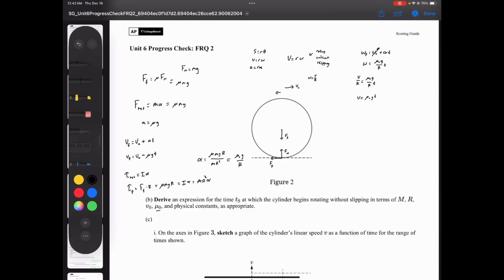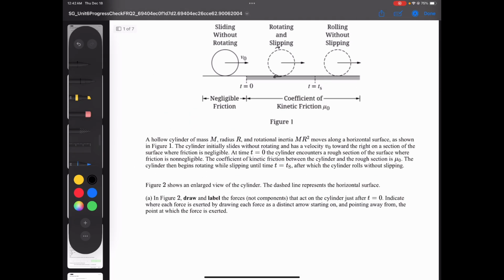But I also have another expression for v, my expression for v as a function of time. Because ultimately what we're trying to do is find the time it takes for it to roll without slipping. So what's the velocity once it reaches ts?